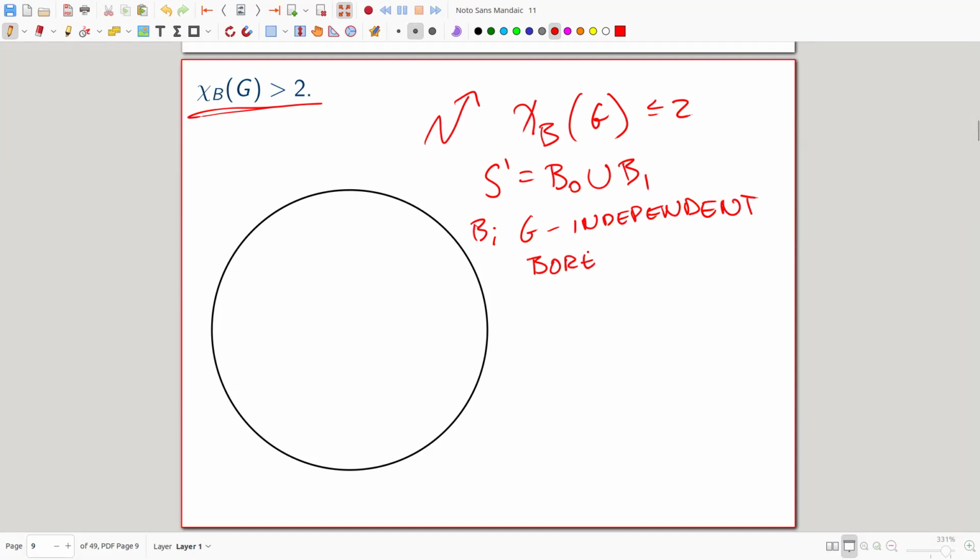Okay. Now, because of the Lebesgue density theorem, one of the sets is going to fill some interval pretty well.